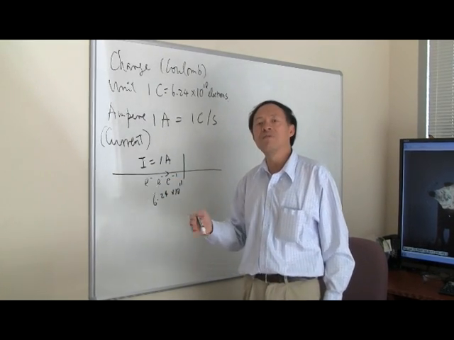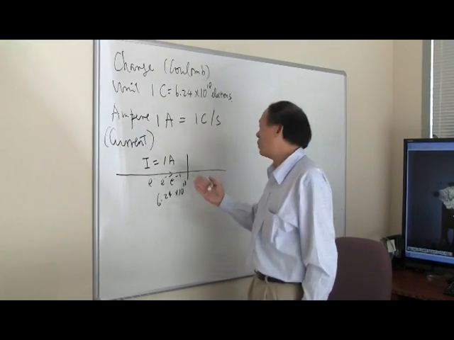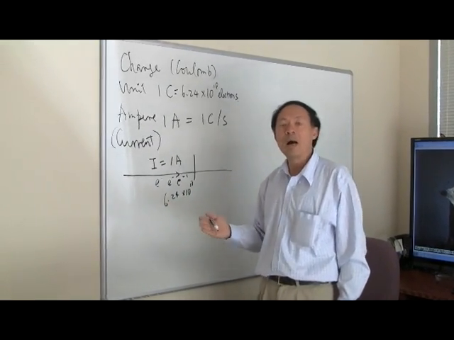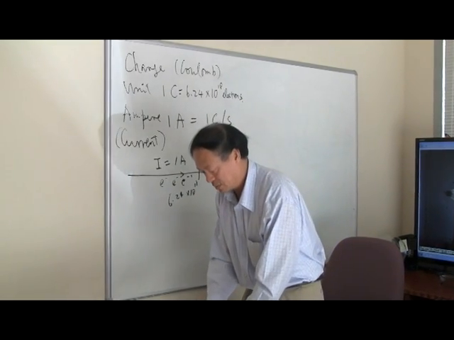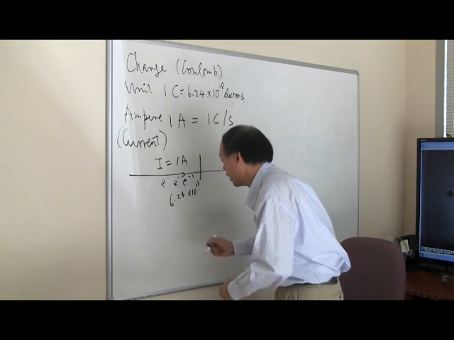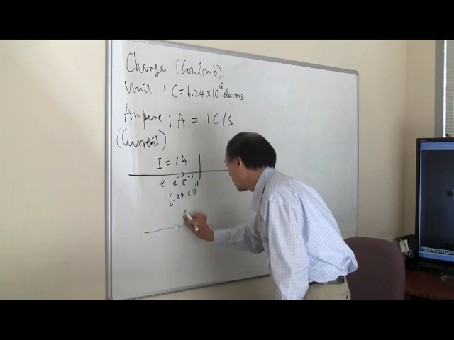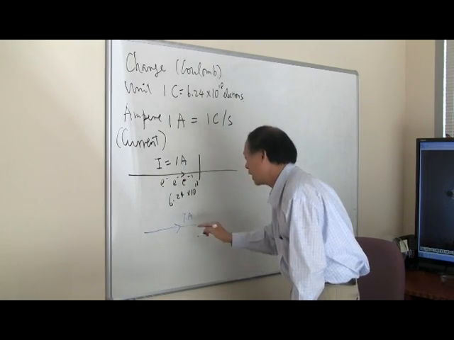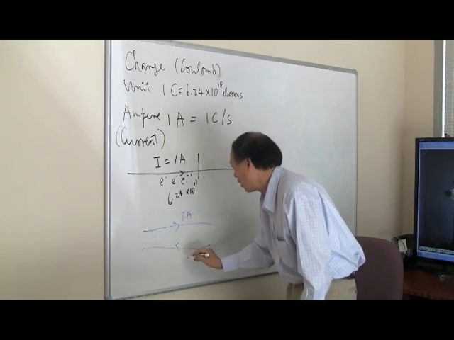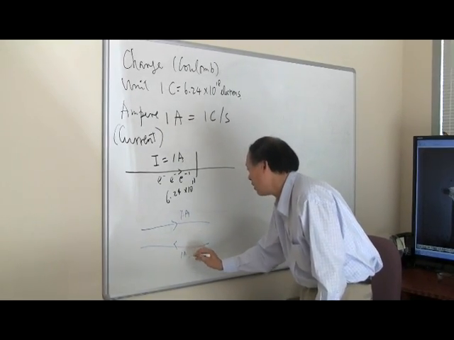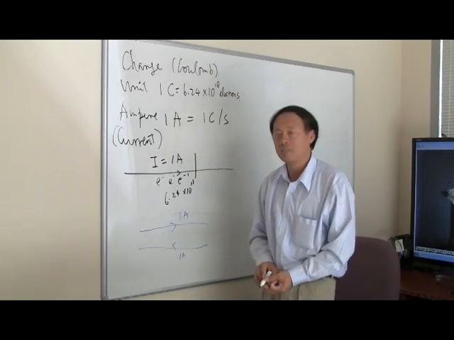Now, before 2015, the ampere is defined not so much by the number of electrons, but by the amount of force two electric wires would experience when a current of 1 ampere flowing in this direction and another current of 1 ampere flowing in the opposite direction create an electromagnetic field.